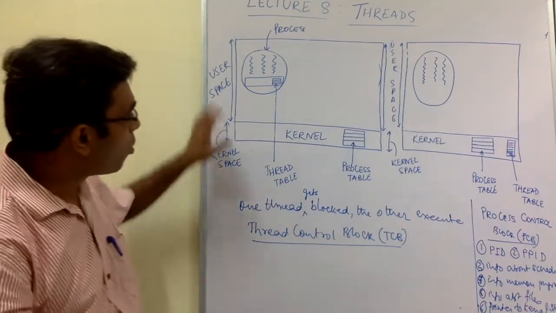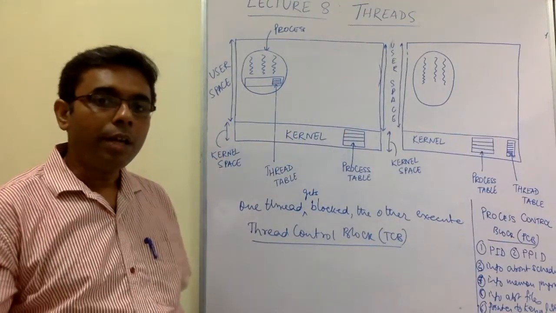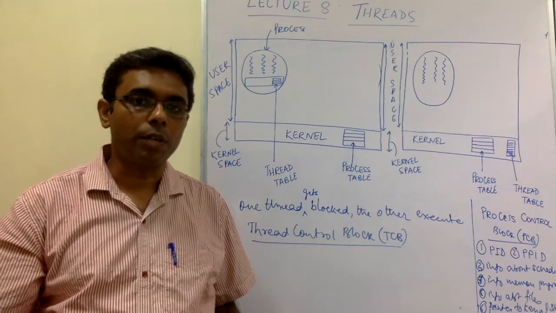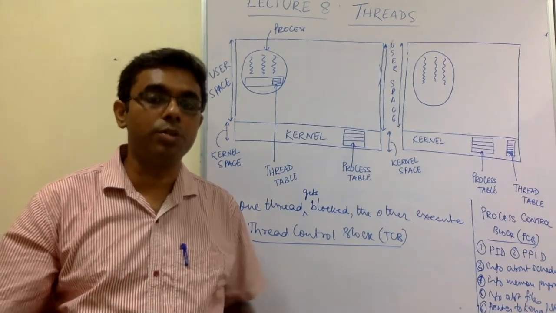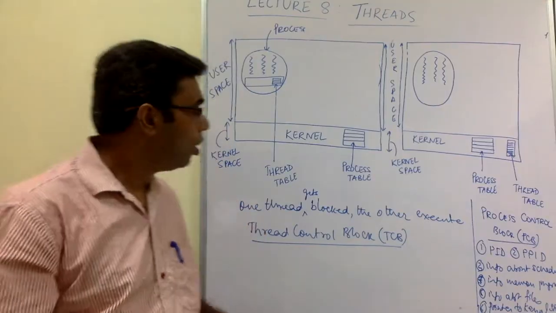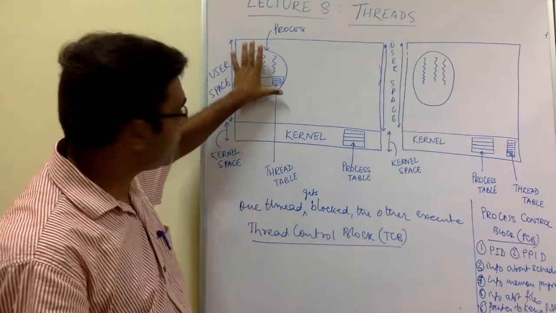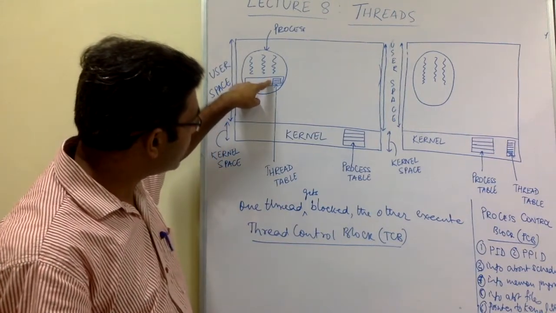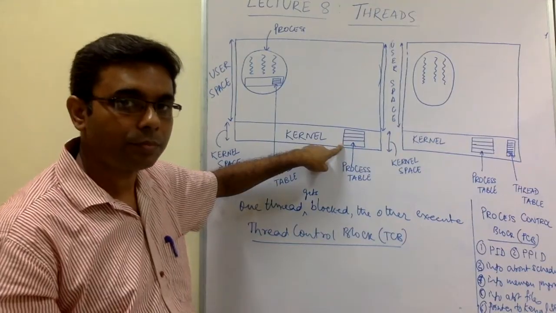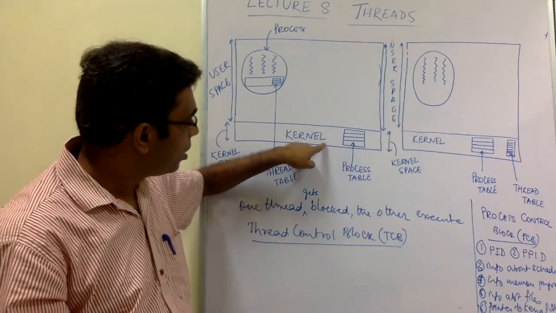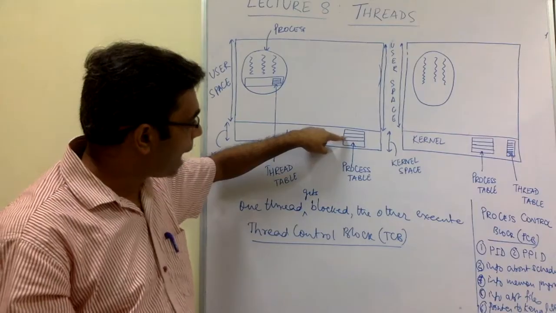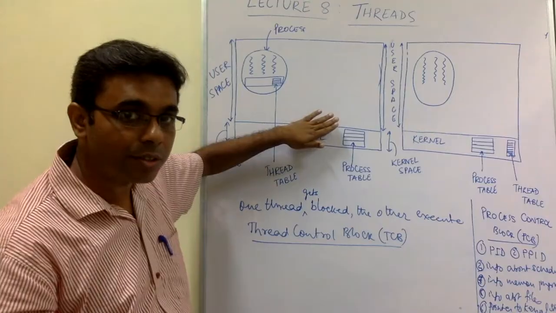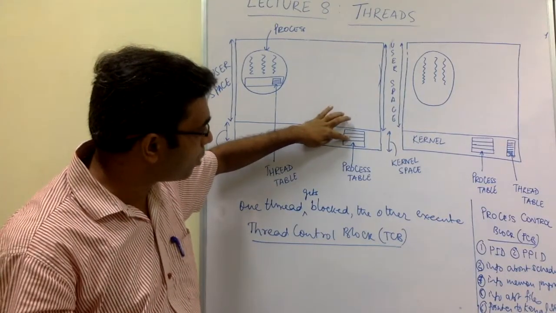This is one situation, where the threads are created in the user space, by user libraries. The thread control block is maintained by the process, and there is a pointer that links this thread control block to the process table. The kernel doesn't know about the threads, but it maintains information about the process.